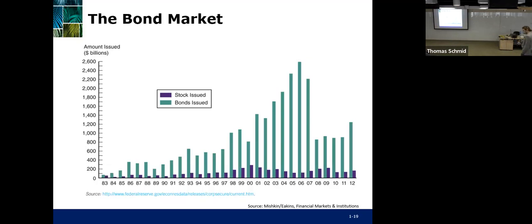So again, this common misperception that equity is more important than debt, fixed income, it's just not true. Okay? In terms of financing, fixed income is more important. This is only bonds, right? This does not even include loans. But even only looking at bonds, it's many times more important in every year than equity.